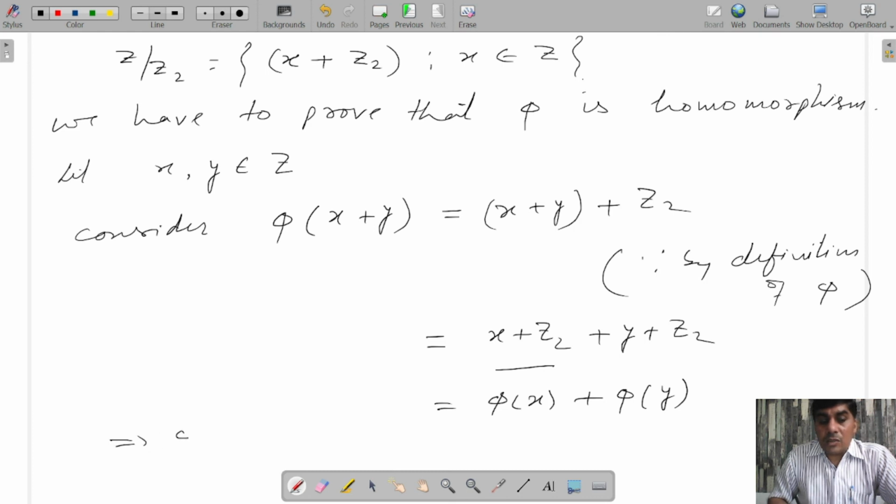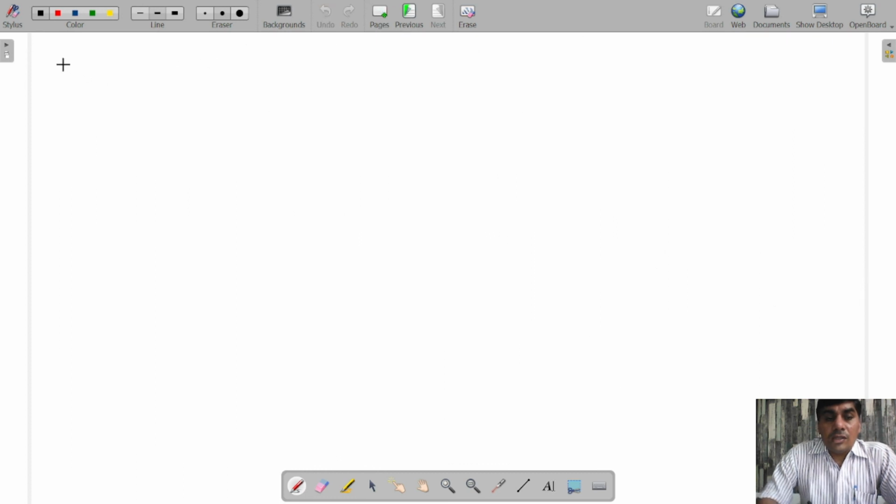This implies phi of x plus y is equal to phi of x plus phi of y. So phi is a homomorphism.